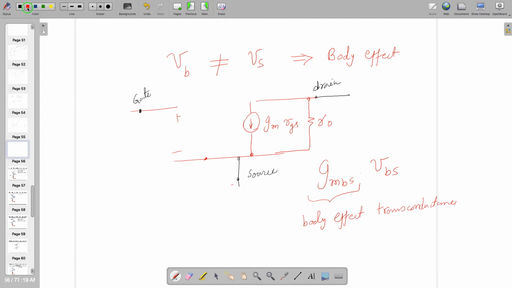You can notably see that if body and source are connected to the same potential, this entire current goes to zero. If body and source are tied together, there is no problem. And this current is actually in shunt with this one. So I'm going to create a situation where you are going to see the body effect.